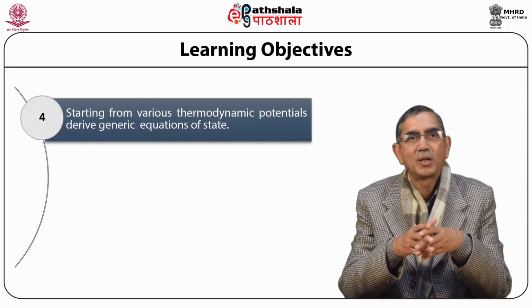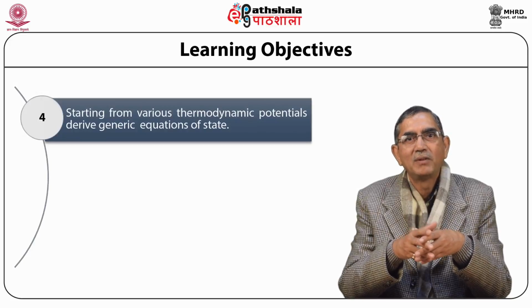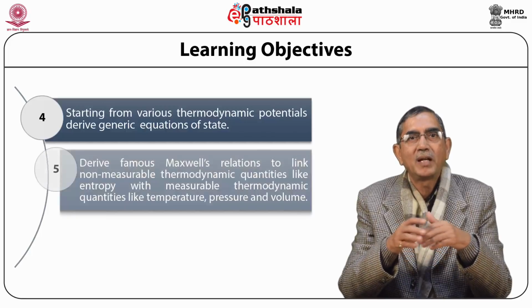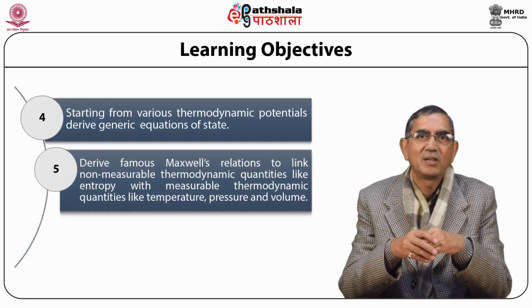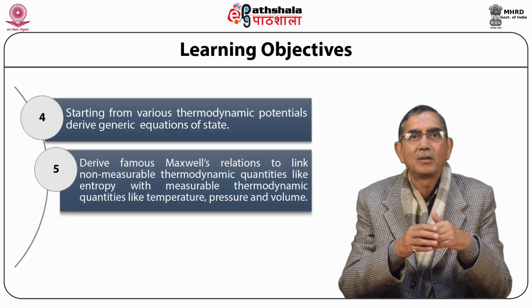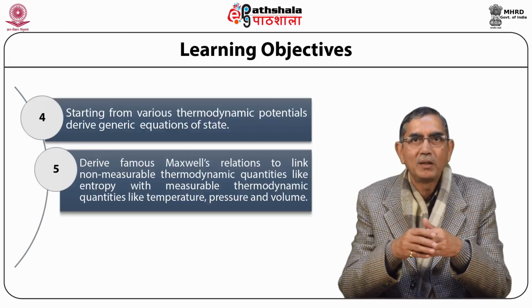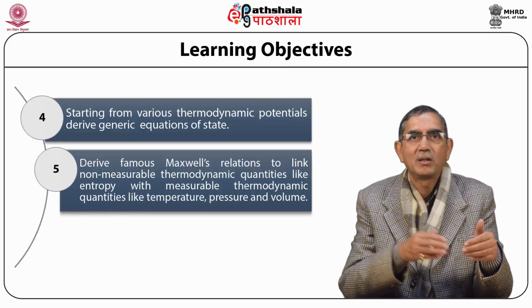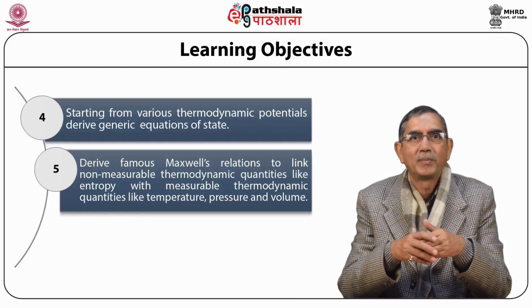Starting from various thermodynamic potentials, derive generic equations of state. Derive the famous Maxwell's relations to link non-measurable thermodynamic quantities like entropy with measurable thermodynamic quantities like temperature, pressure, and volume.